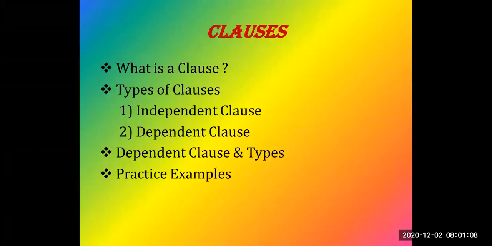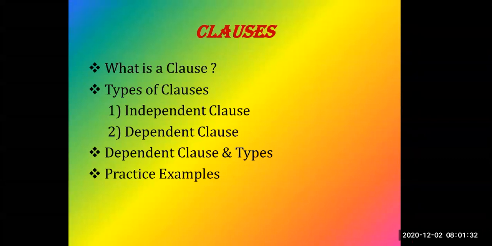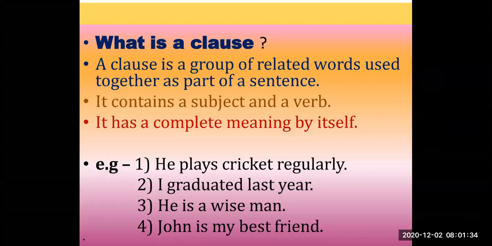In today's topic, we are going to see the following points: what is a clause, types of clauses, that is independent clause, dependent clause. Then our main topic is dependent clause and its types, and some practice examples today we are going to learn. So let's start with our topic.